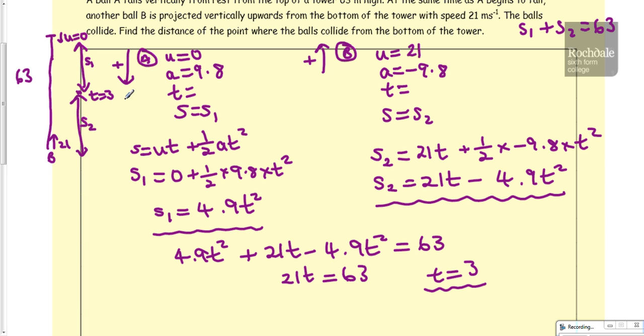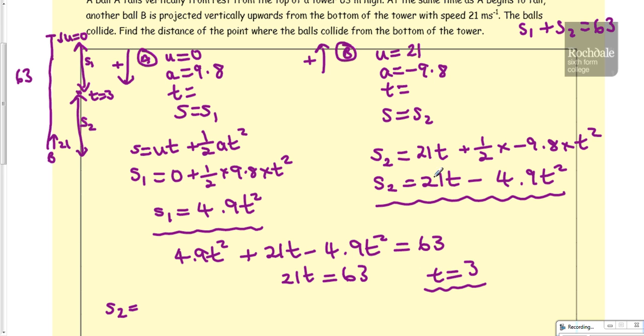That's really helpful because now we can work out both distances. Now let's read which distance we really want to work out. Find the distance of the point where the balls collide from the bottom of the tower. Well, from the bottom is S2, so I'll work out S2. You could work out S1 and take it away from 63. Either will do.